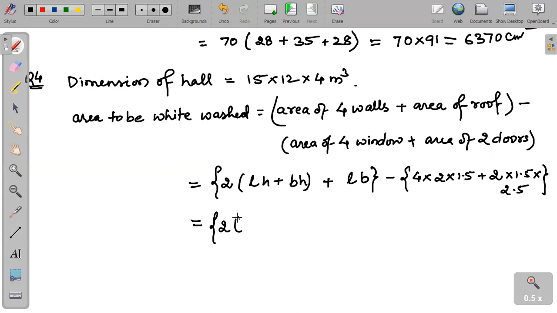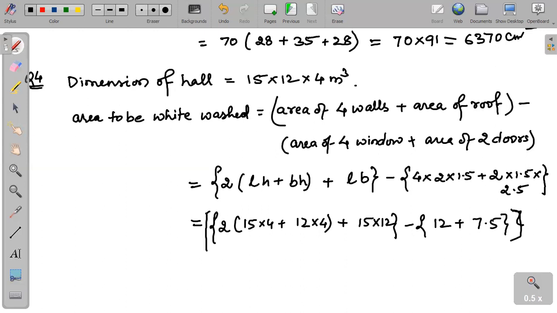So it is 2 into 15 into 4 plus base into height, that is 12 into 4 plus L into B, that is 15 into 12 minus, this is going to be 3 fours are 12 plus 3 into 2.5 is 7.5. This much meter square.